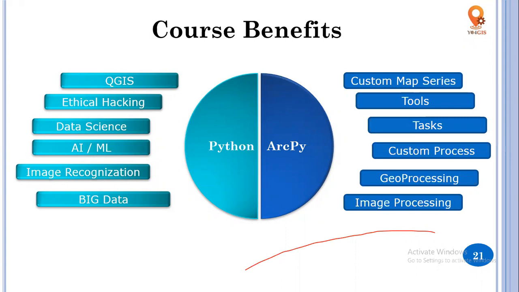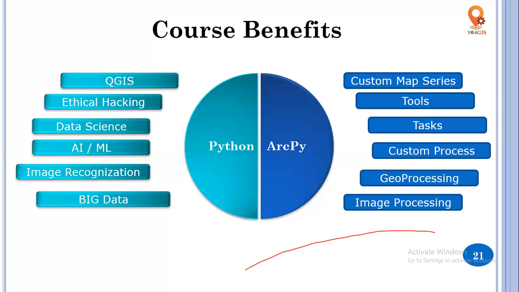It is not only these places. These are the very few places I mentioned here. You can use Python anywhere. If you want to develop a game, you can use Python. If you want to develop a normal application, you can use Python.